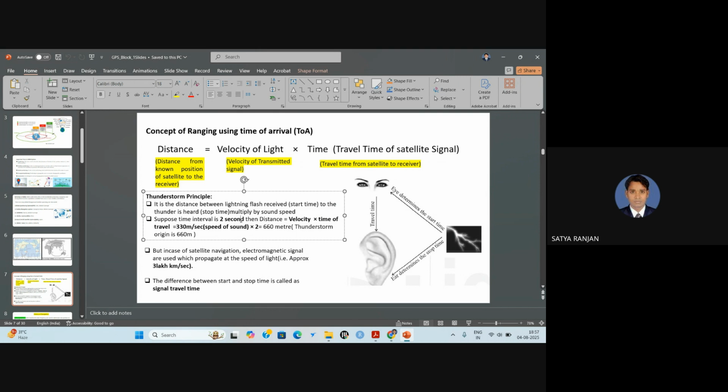So this is the travel time: the eye determines the start time, then the ear determines the stop time. So the distance is calculated, that is 660 meters. Based on the distance, the timing of the thunderstorm is delayed. If there is more delay of the sound, then there is more distance of the lightning position.